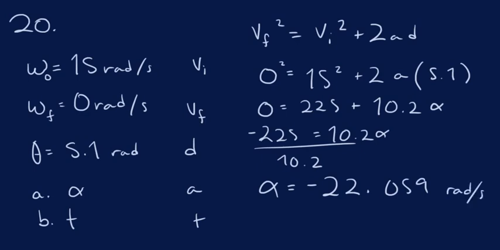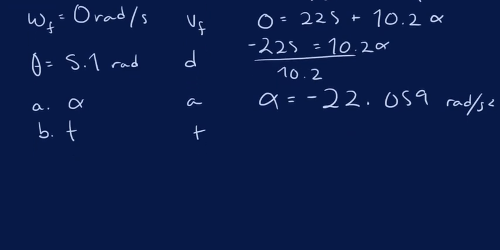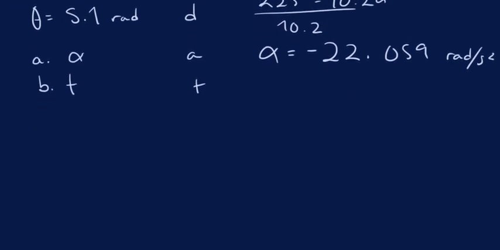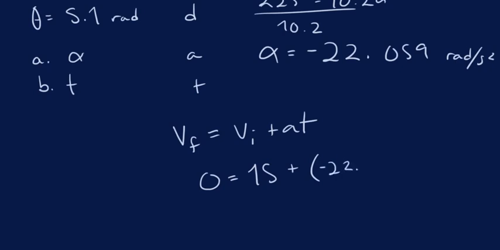I've got pizza rolls. Now, all we have to do is find time. So we can pull out vf equals vi plus at. vf is 0. vi was 15 radians per second plus negative 22.059 radians per second squared times time, which we don't know.